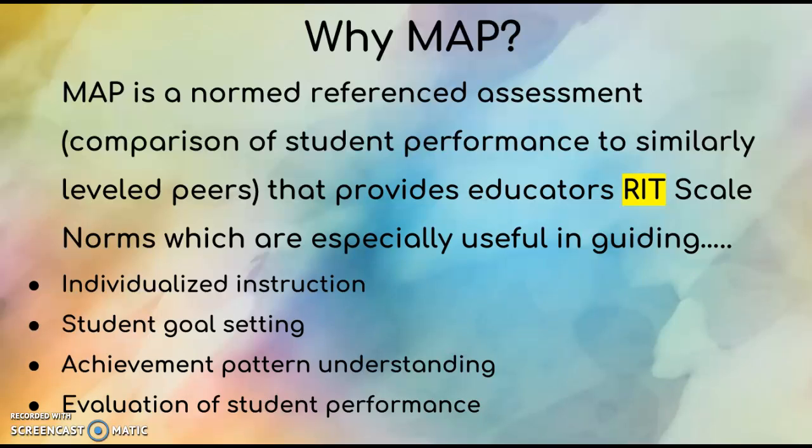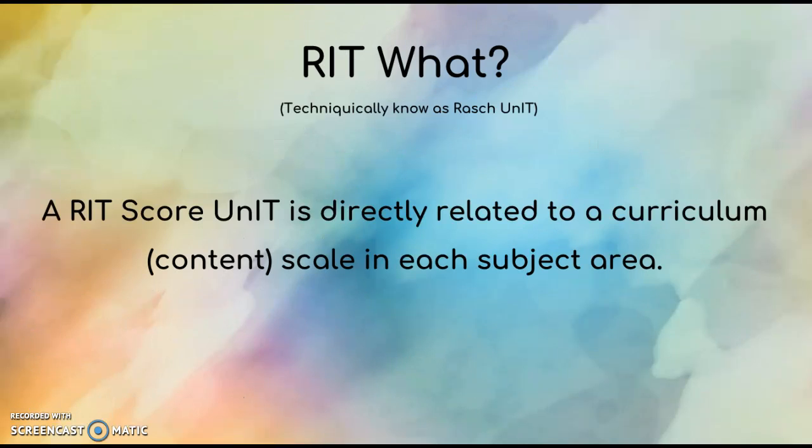So why MAP? Why do we use this MAP assessment? Well, MAP is a norm reference assessment. It shows a comparison of student performance to similarly leveled peers that provides educators RIT scale norms, which are especially useful in guiding individualized instruction, student goal setting, achievement pattern understanding, and the evaluation of student performance.